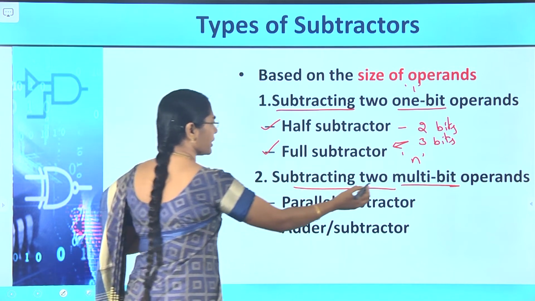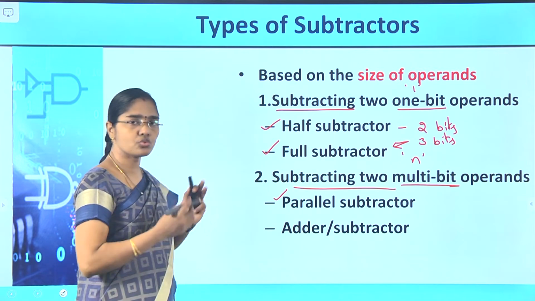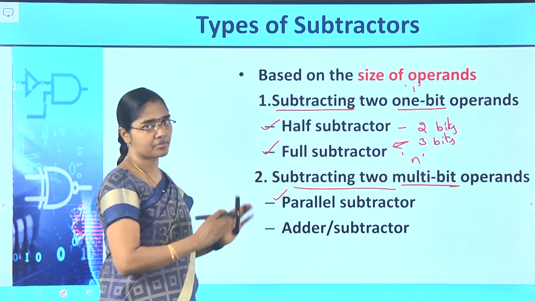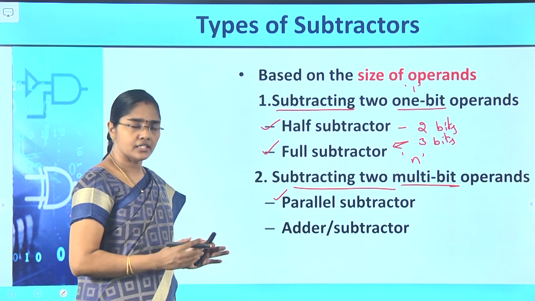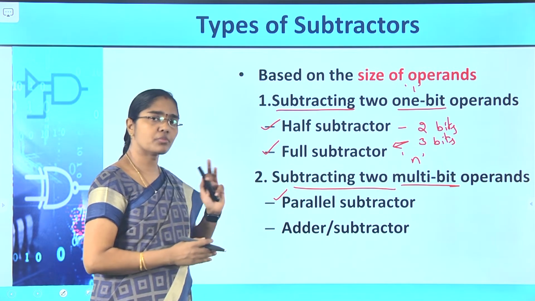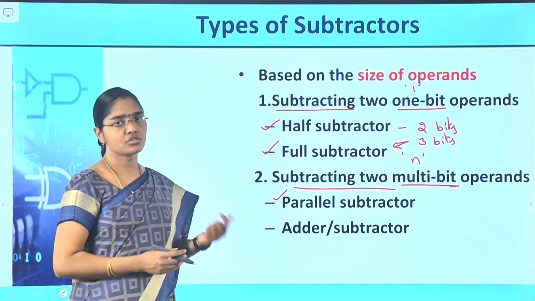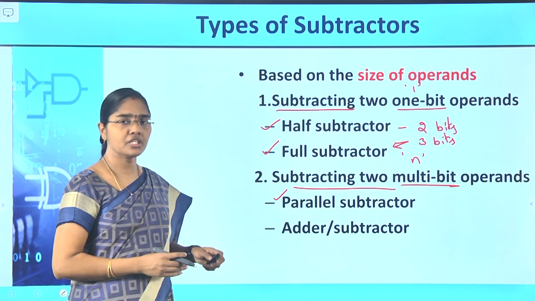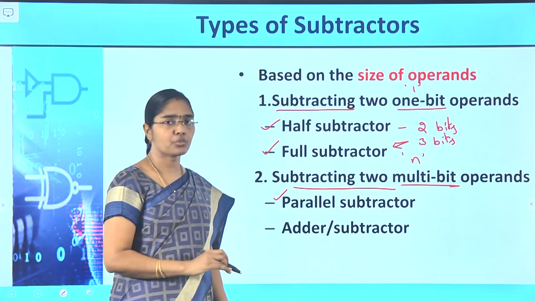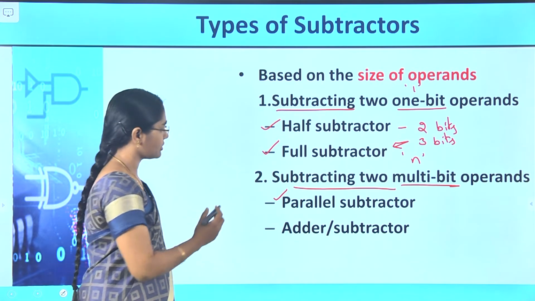When operands are of multi-bit, then parallel subtractor using full subtractors and half subtractors. Instead of using a separate subtractor circuit in the processors, it is advisable to do the subtraction operation using adder operation. That means the same adder hardware is going to perform the subtraction operation also, that we will see later.